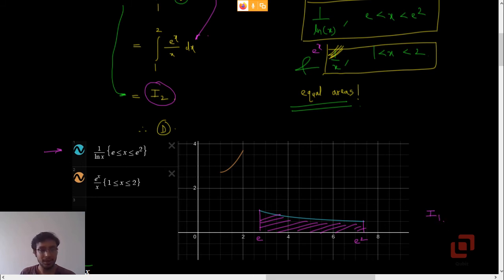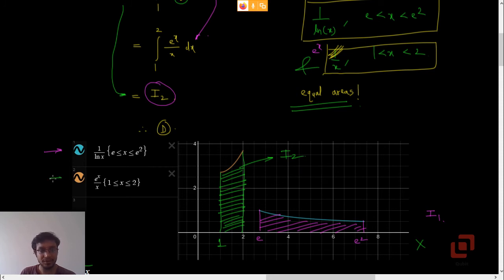Then let's go to the green area. This point is 1 and this is 2, so these are the vertical lines, x equal to 1, x equal to 2, and this is clearly the x-axis. So this area is I2.